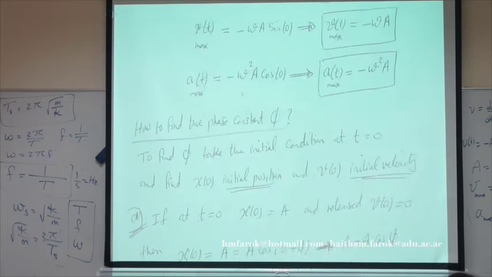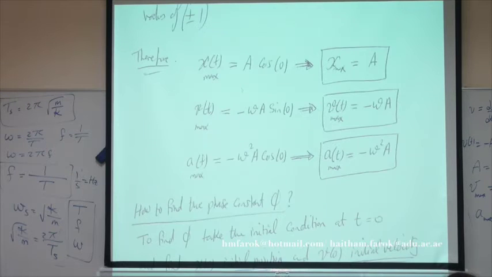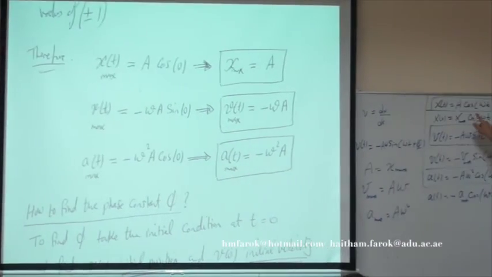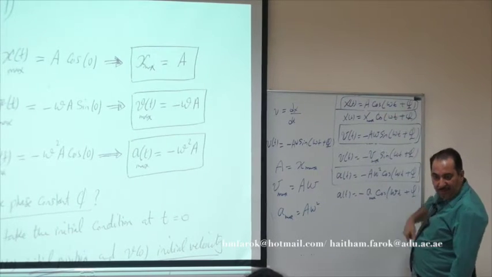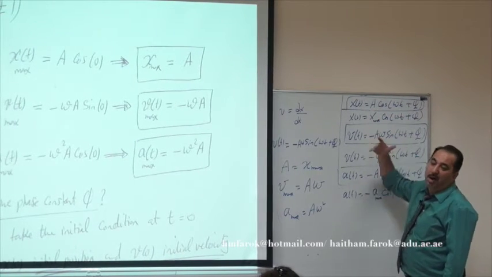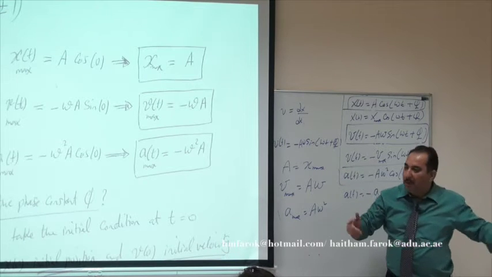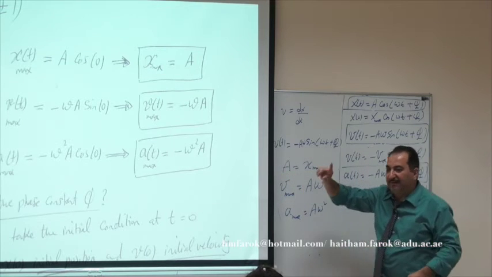Now, this part, how to find the phase constant, phi. Why am I putting this title? Remember how many things do I have in each equation? I have A, omega, and phi in all three. A, I know how to find it. What is A? Maximum X. Omega, how do I find it? From these equations. What is left?